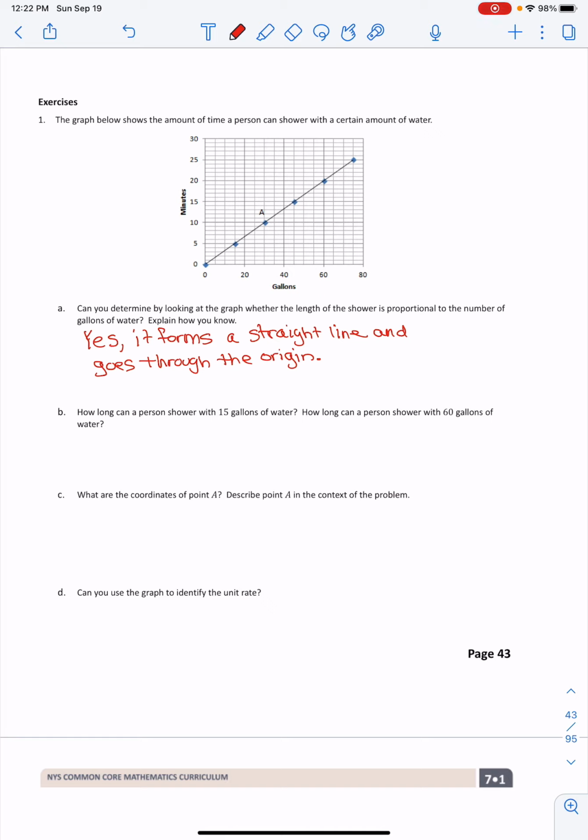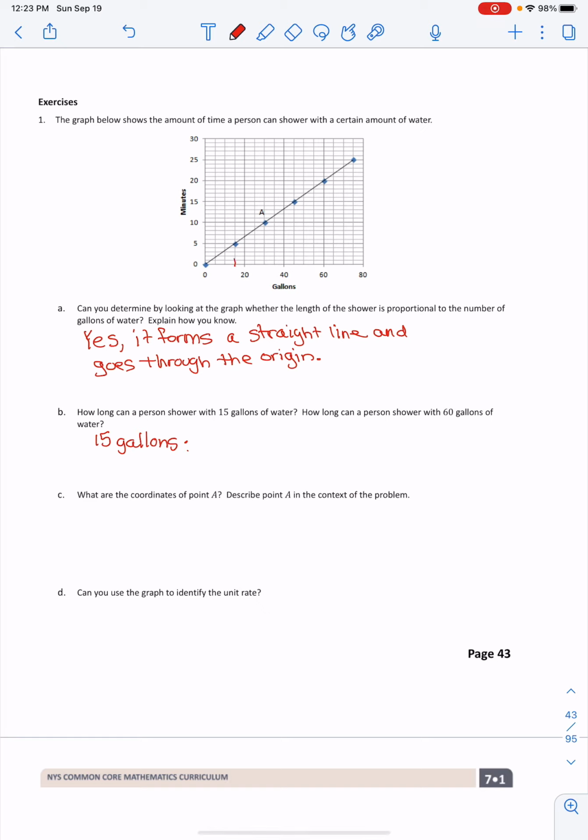Next, it says, how long can a person shower with 15 gallons of water? And how long can a person shower with 60 gallons of water? Well, for 15 gallons of water, notice it goes 5, 10, 15.